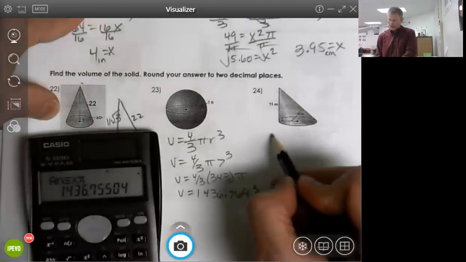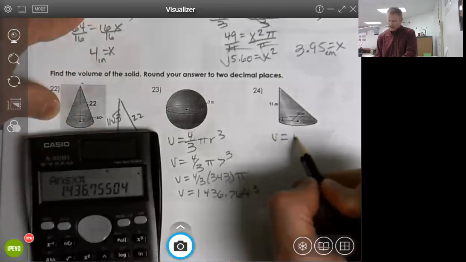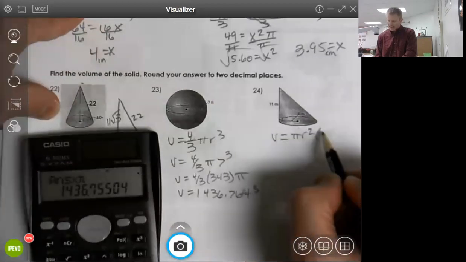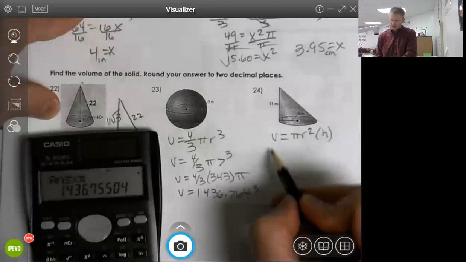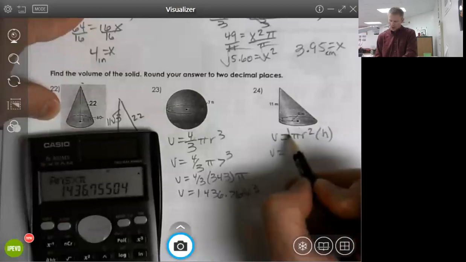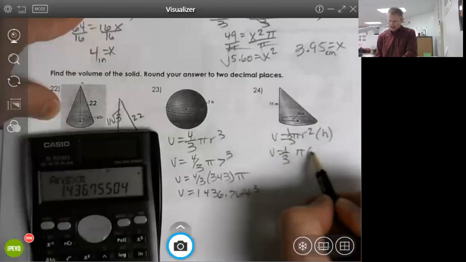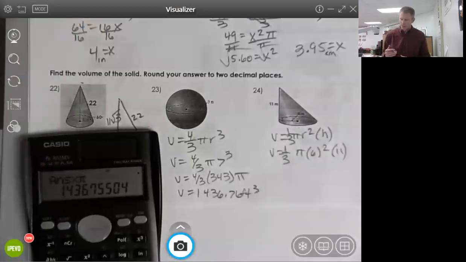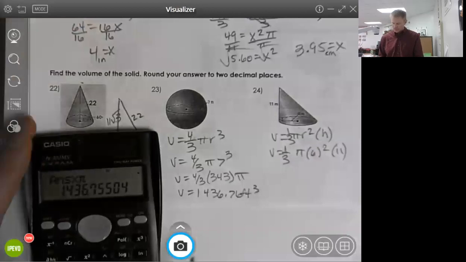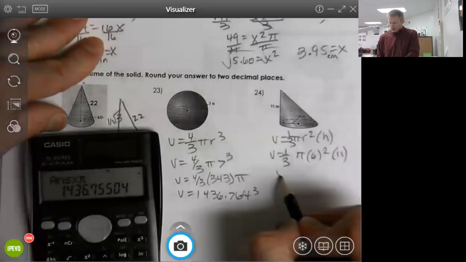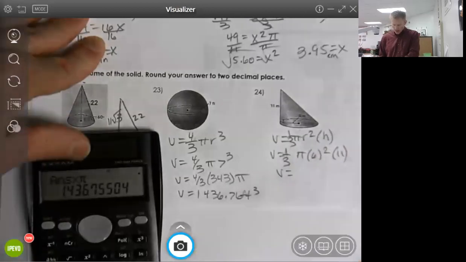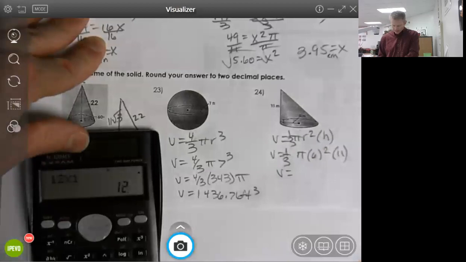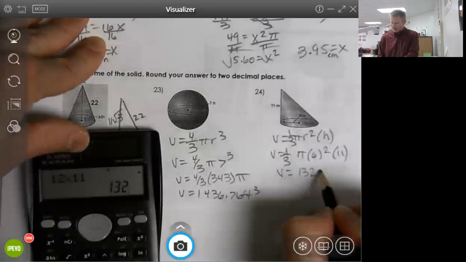Okay. Here we have our perpendicular height. Now it seems a little weird having the height off to the side like that, but we've learned, oh, it's got to be 1/3. 1/3 pi times 6 squared times 11. That's not a slant height. That is a perpendicular height. So we're going to have 12 times 11, 132 times pi.